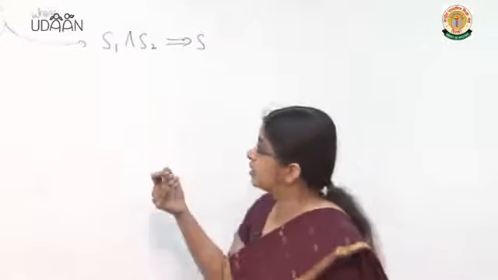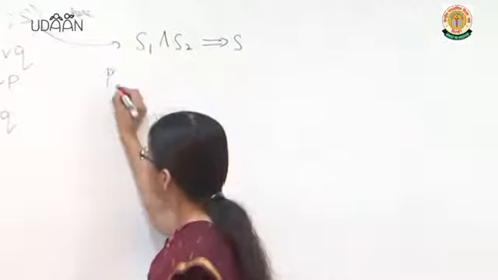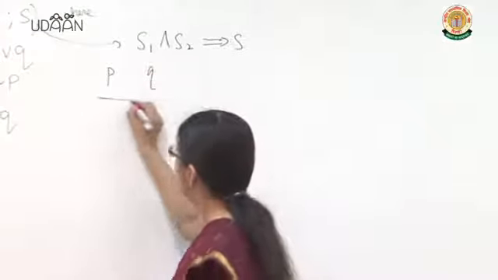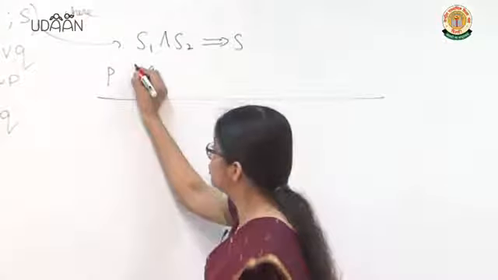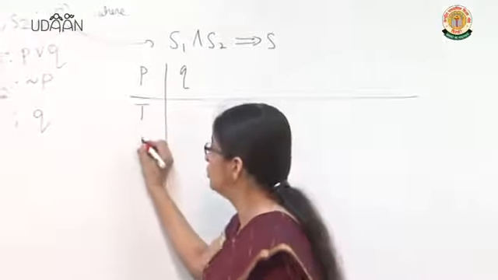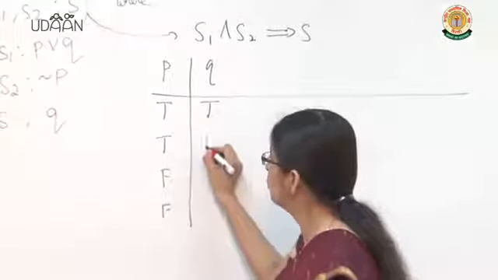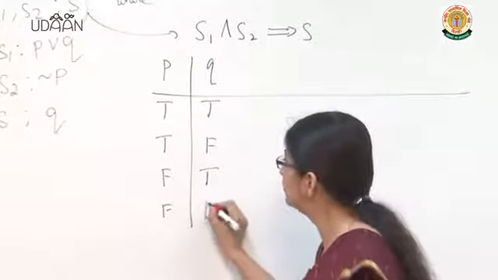How do we check? We have to make the truth table P, Q. Again, only 2 statements are involved. So 4 rows, true, true, false, false, Q, true, false, true, false.